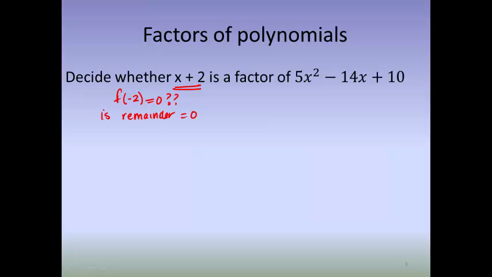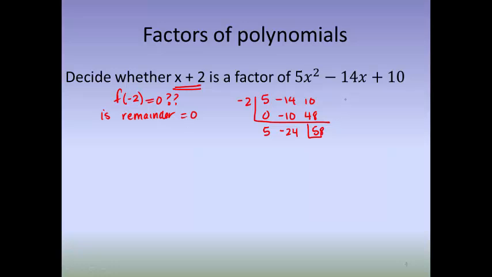And this is how we're going to do it. We're going to use that synthetic division. So I've got the -2 on the outside. I put in my coefficients, and then we continue the process of synthetic division. I have 5, that gives me a -10. That gives me a -24. This gives me a +48, and I get 58.